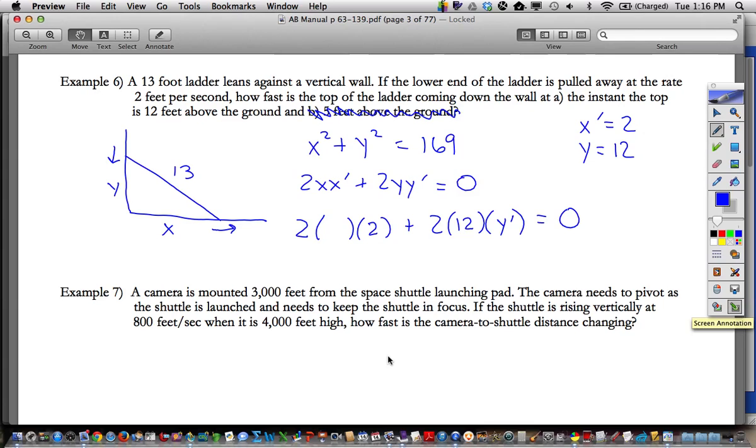All right, now I've left one of those blank, the x.